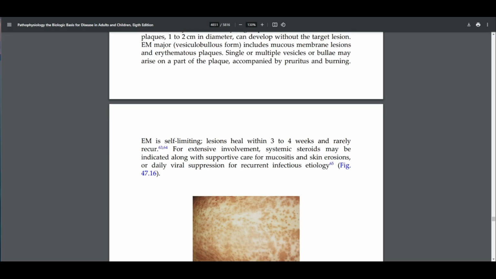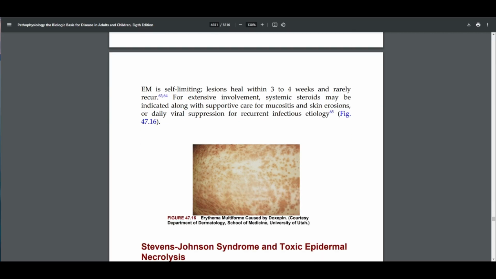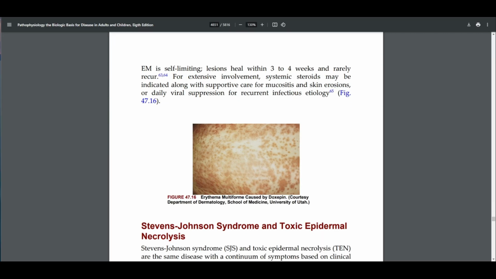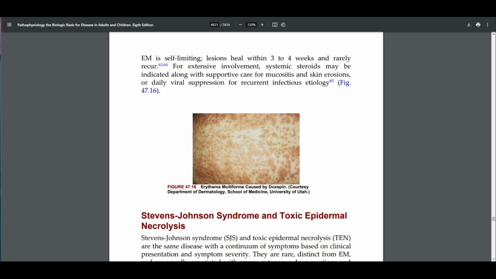EM is self-limiting. Lesions heal within 3 to 4 weeks and rarely recur. For extensive involvement, systemic steroids may be indicated, along with supportive care for mucositis and skin erosions, or daily viral suppression for recurrent infectious etiology. So here we see the erythema multiforme caused by doxepin.